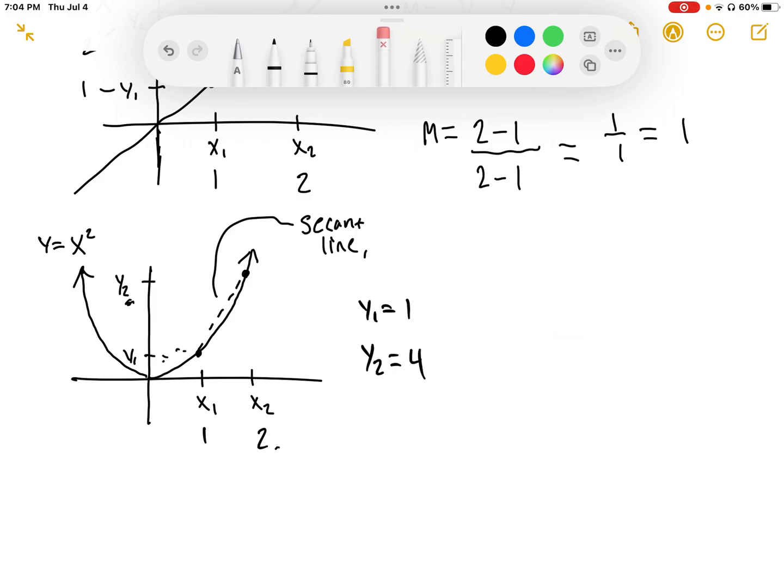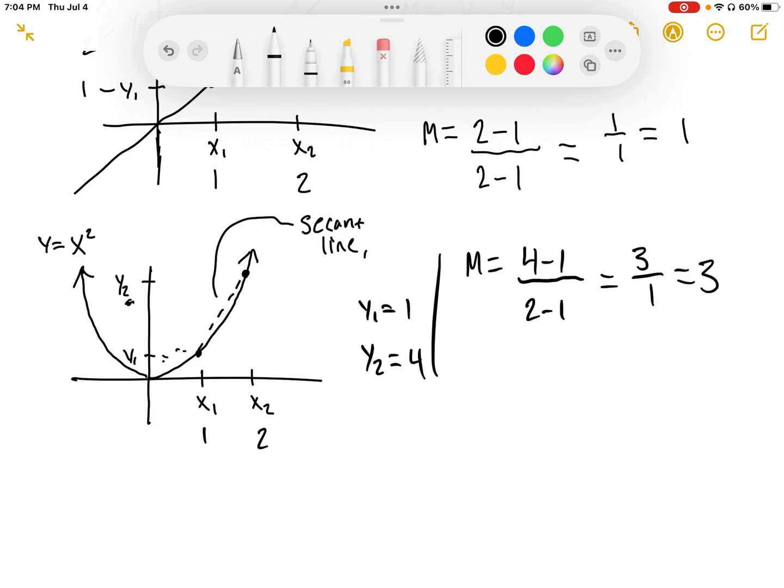So if we follow through with our formula for m and we do y2 minus y1, we have 4 minus 1 divided by 2 minus 1. This simplifies to 3 over 1, which is 3.